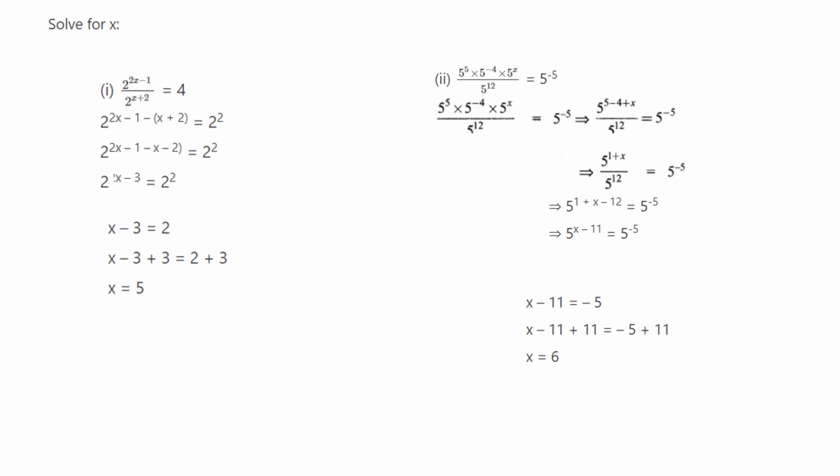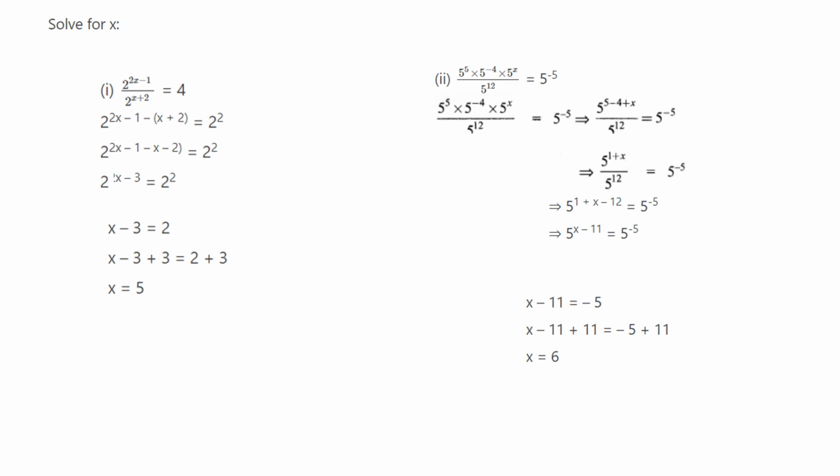Solve for x. Given 2 to the power 2x minus 1 by 2 to the power x plus 2 equal to 4. So first one, 2 to the power 2x minus 1.